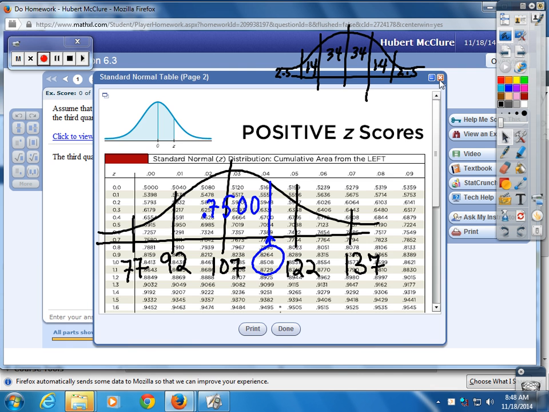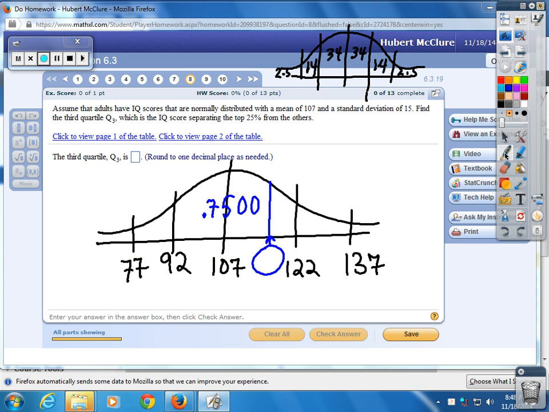So how do we get this? 0.67. So now we have a z-score, and we know that x is equal to z-sigma plus mu.